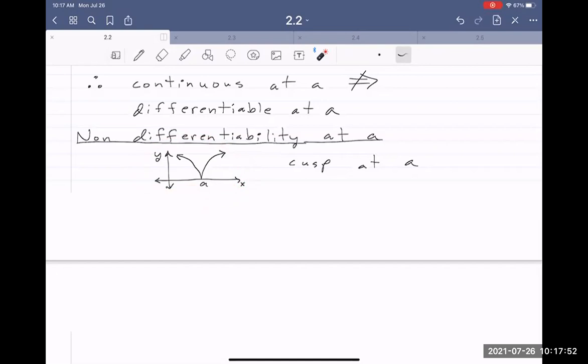If you notice, the derivative here goes vertical; it looks like the tangent line is straight up and down.